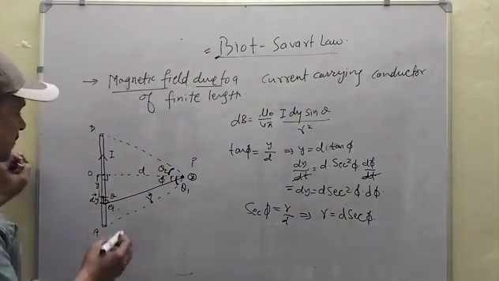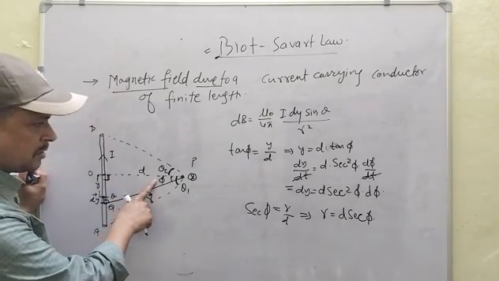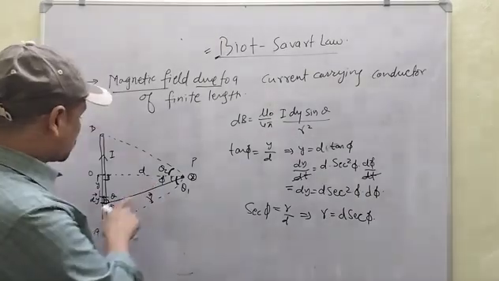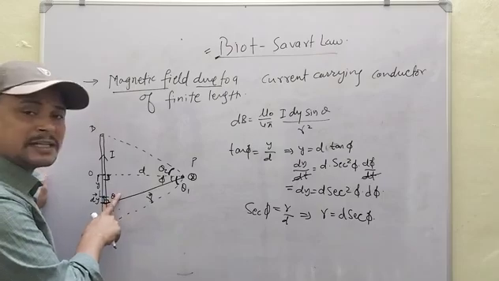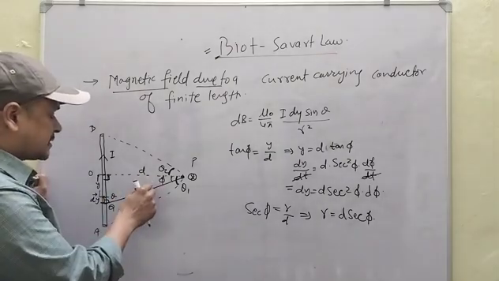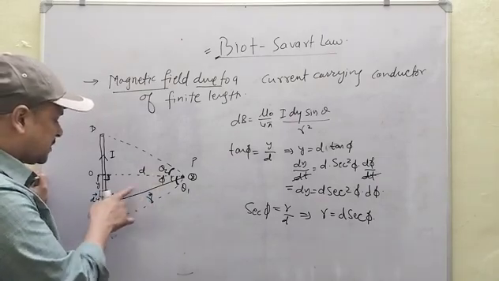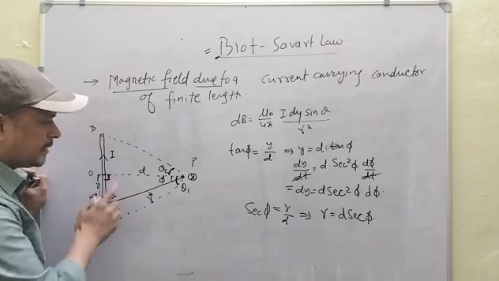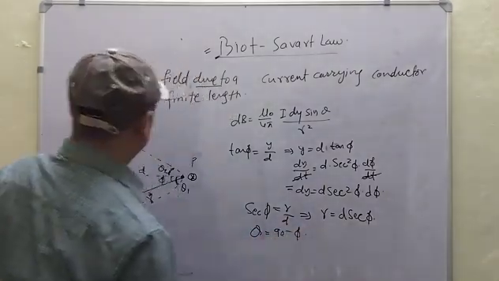And one more thing: this is a right angle triangle, this is 90 degrees, this is phi. So theta equals 90 minus phi, because the sum of all angles is 180 and this is 90, so theta plus phi is 90.